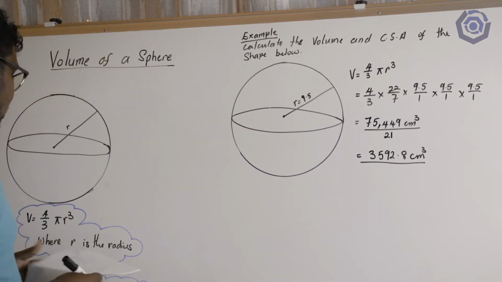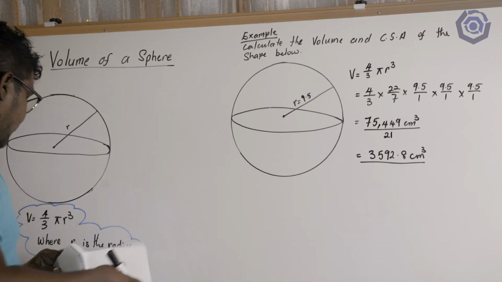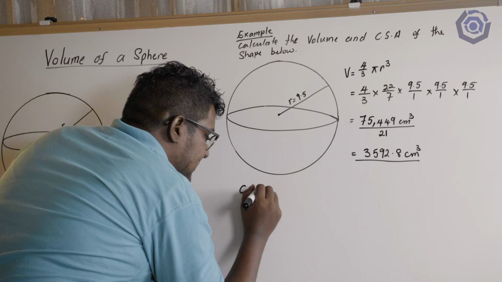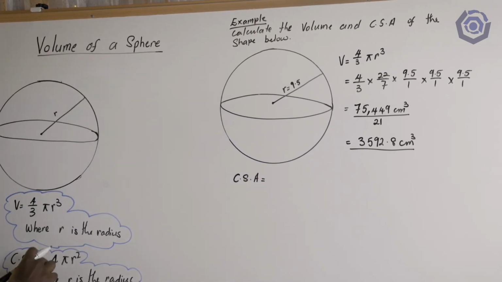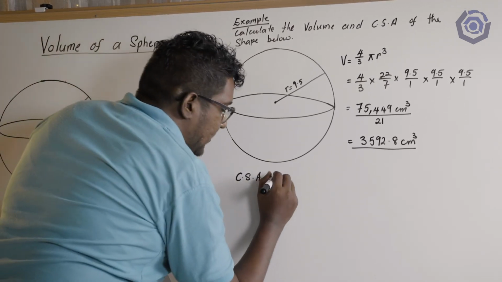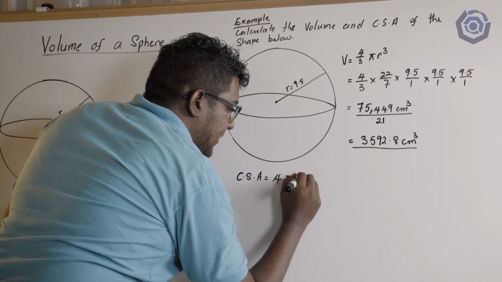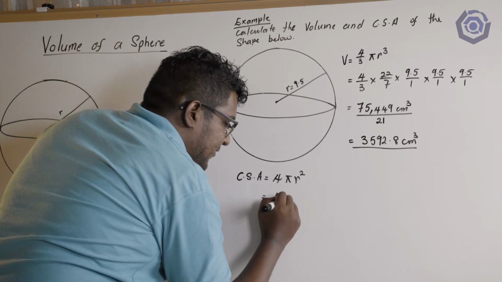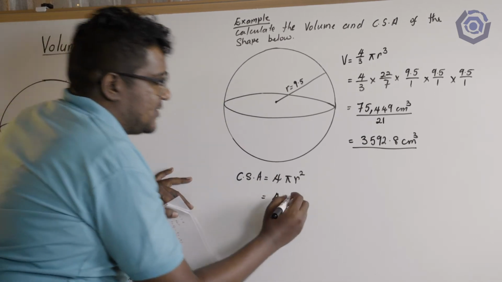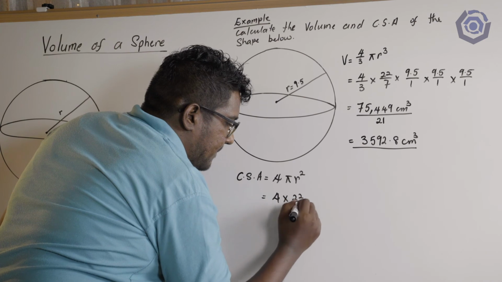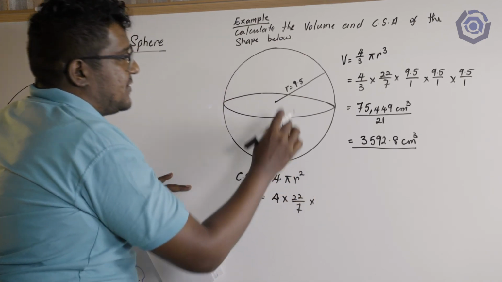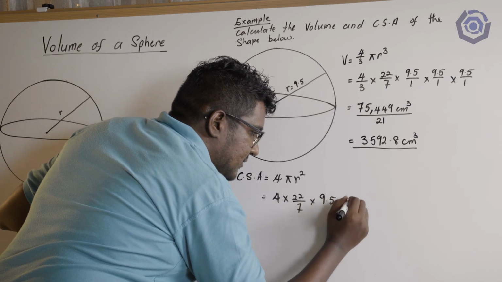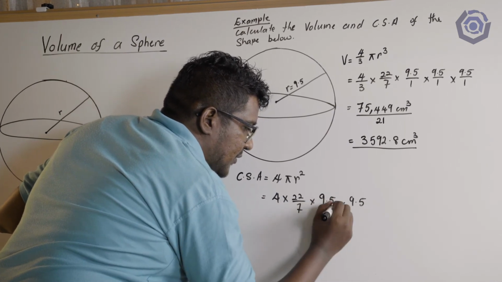Now let's find the curved surface area. Curved surface area is equal to 4 pi r squared. Let's substitute our values. This is going to be 4 multiplied by pi, which is 22/7, multiplied by the radius squared, that is 9.5 times 9.5, and we put them over 1.